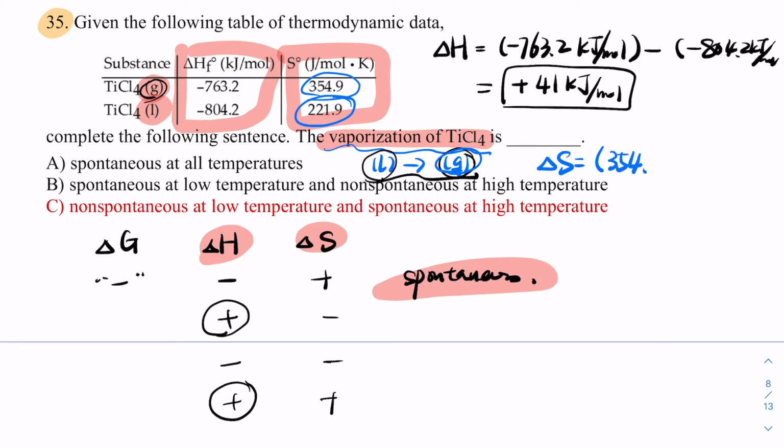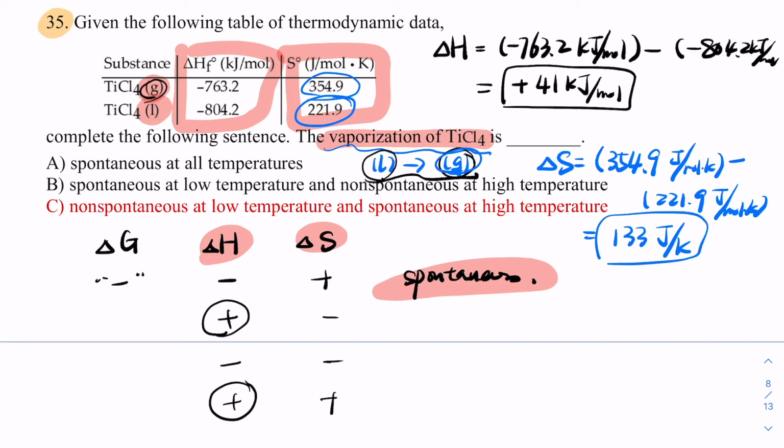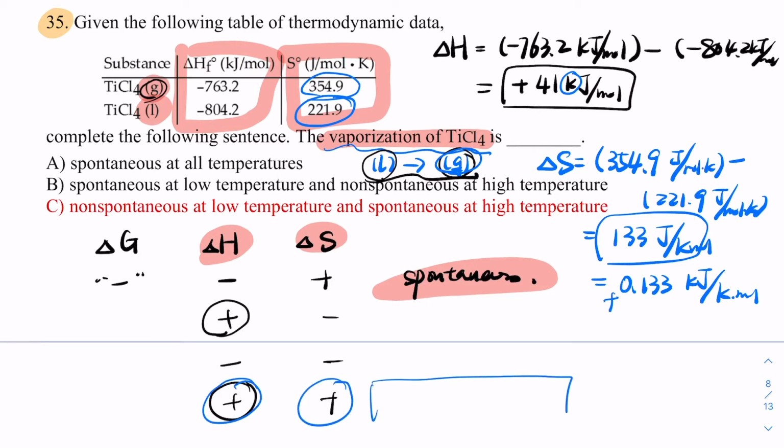So 354.9 joule per mole K minus 221.9 joule per mole K. You get 133 joule per K. As I always say, watch your units, so I'm going to convert it to make it easier to explain later. So delta S is also positive. With your notes, you already know what the conclusion should be, and the answer is C.